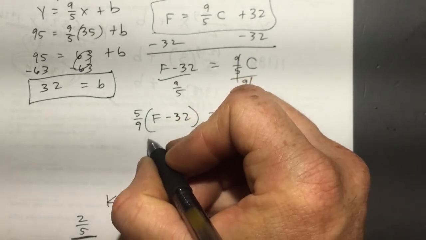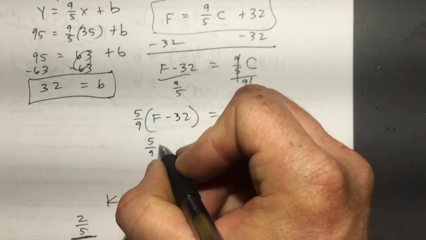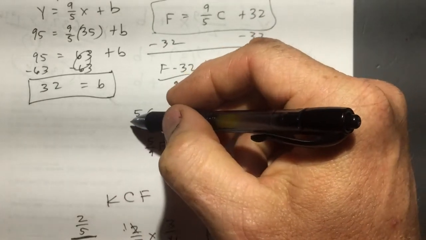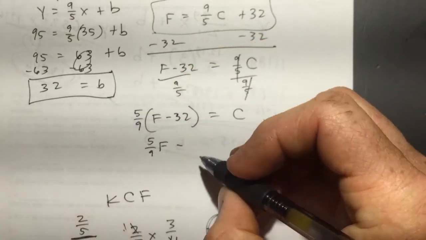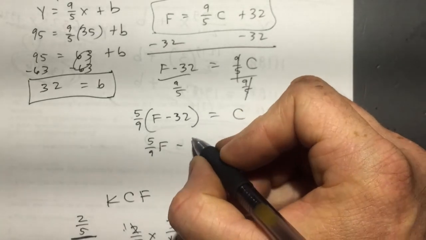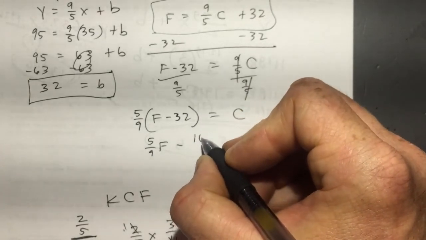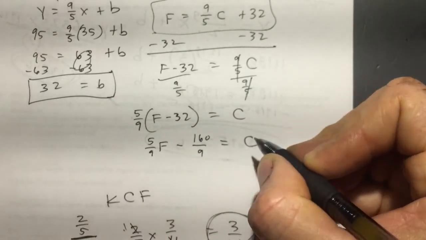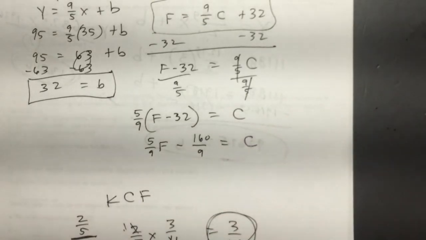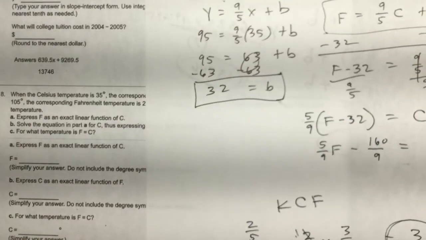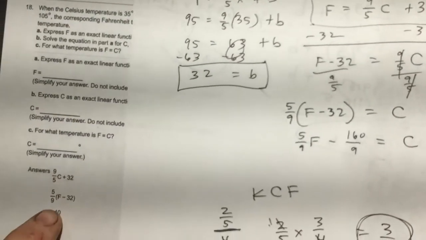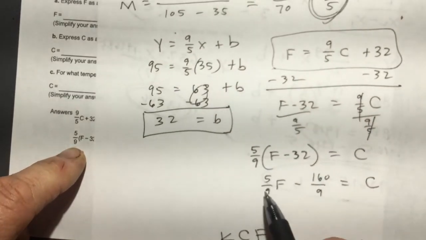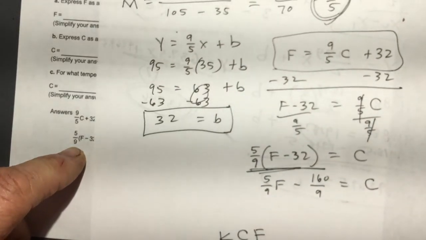So 5/9 times F would be 5 over 9 F minus, that's going to be 5/9 times 32. And that's going to be 160 over 9. And so I think that would be it right there. Oh, they just left it this way. They just left it like this. So I didn't really have to distribute it because I just left it right there like that.